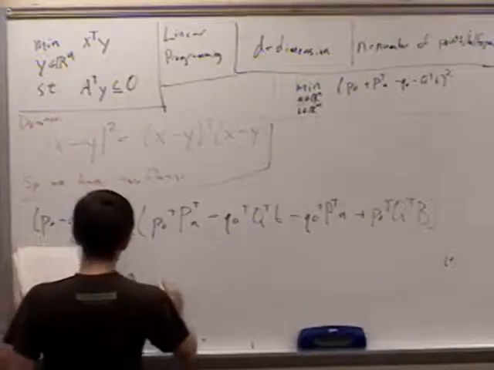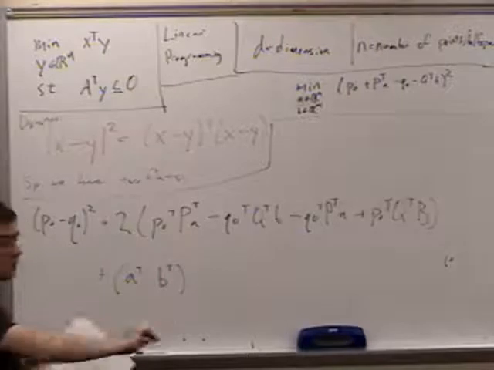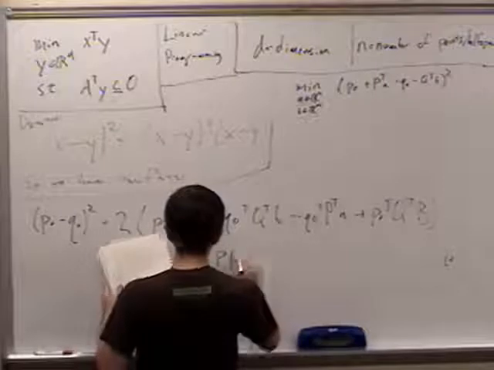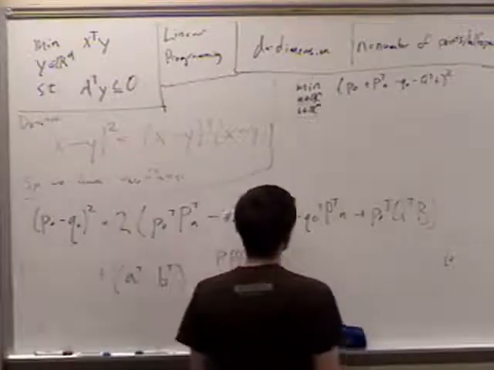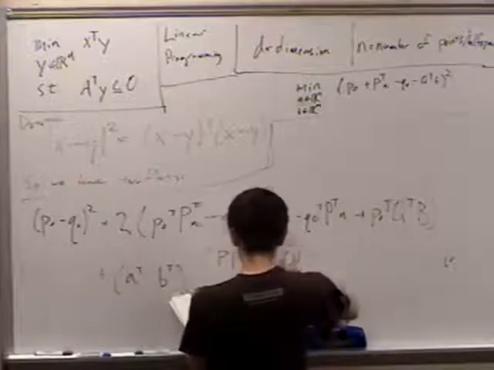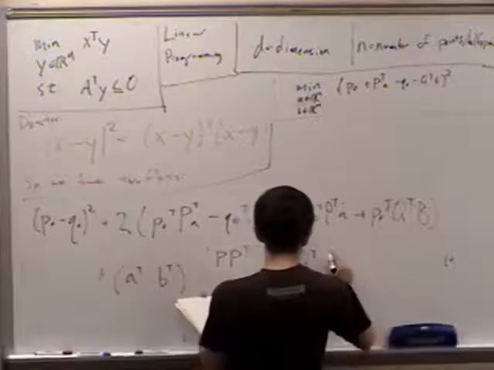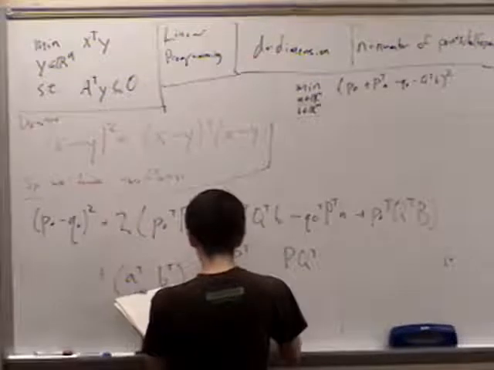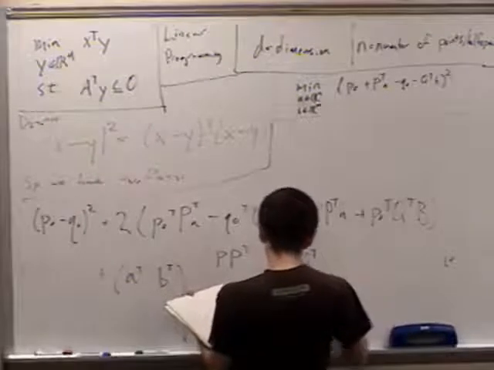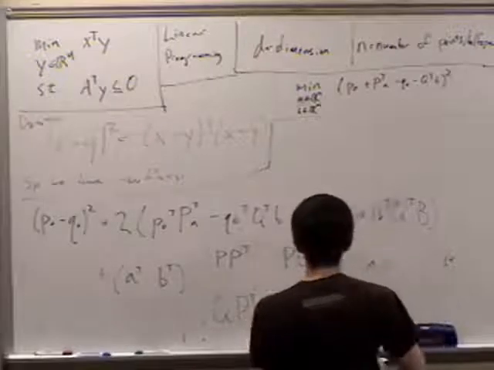This is A transpose B transpose, so it's basically a row vector of the A's and B's, times this matrix P transpose P, P transpose Q, Q transpose P, Q transpose Q, times A B, just stacking them in there.